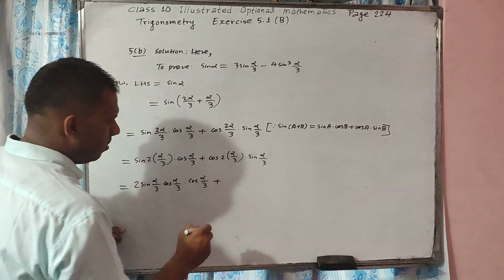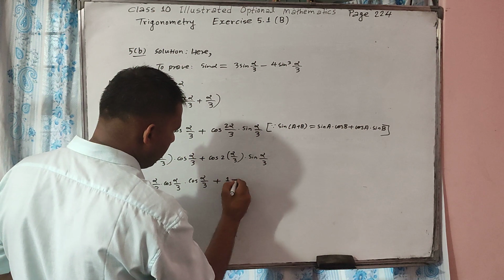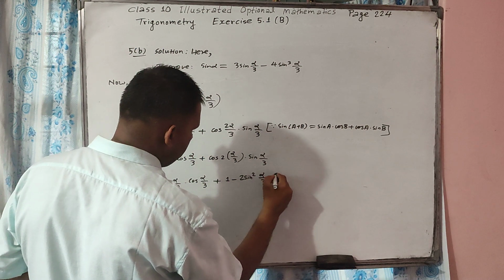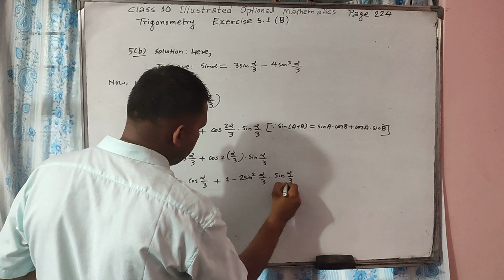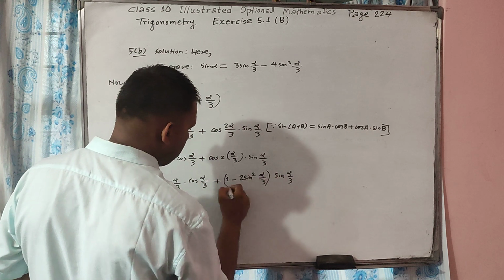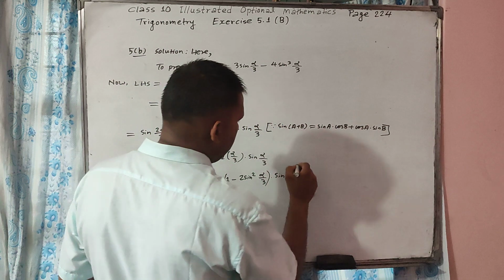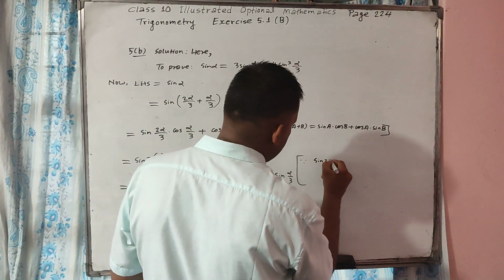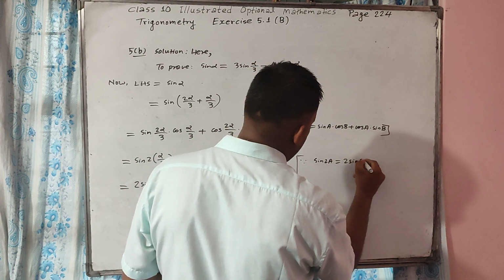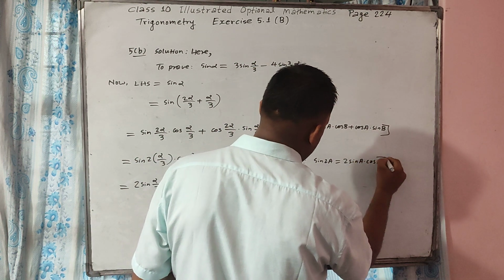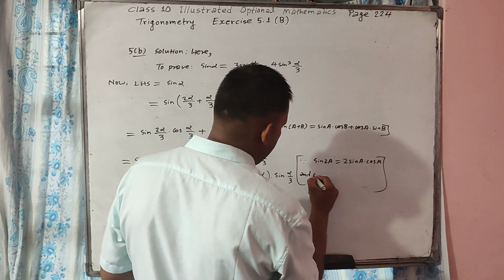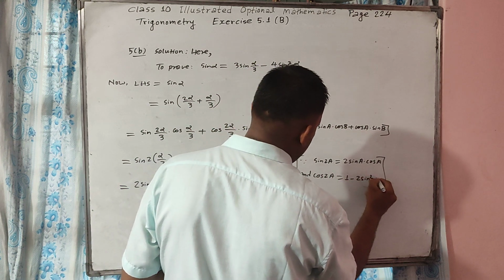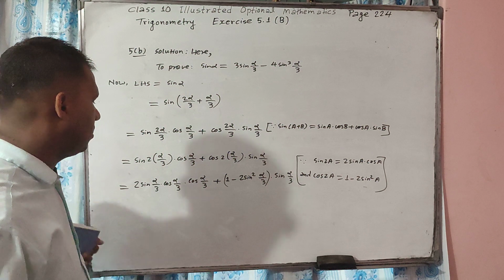1 minus 2 sin square alpha by 3 dot sin alpha by 3, because sin 2A equals 2 sin A cos A and cos 2A equals 1 minus 2 sin square A, by applying this formula.